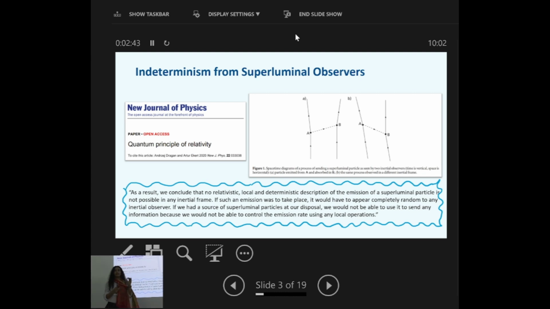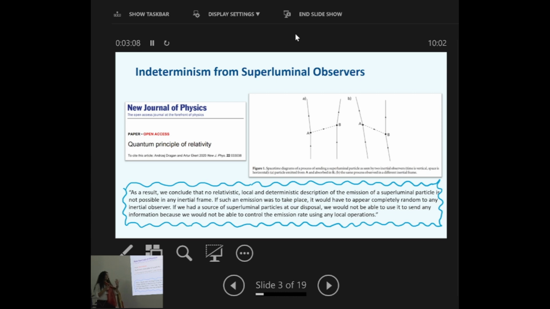Let's say at point A, some observer has a very local and deterministic description of emitting a tachyon, or a superluminal particle, which goes to B. But since it is a superluminal particle and you do not want superluminal signaling, at point B there is no local deterministic explanation of when it is coming.